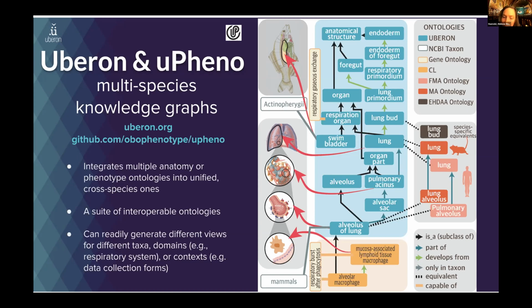And in this context, we can have a computable temporal representation, a multi-scale spatial representation that can be sliced and diced for different taxons, different domains, such as the brain or the cardiac portions, or for specific applications, such as in a data collection form or in a user interface.